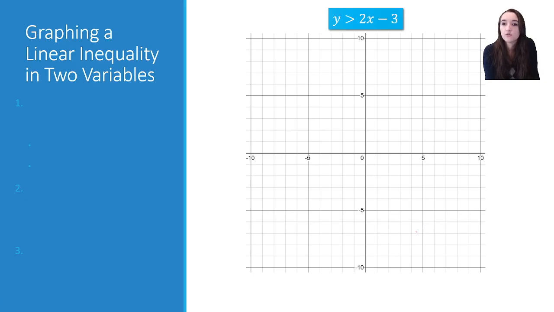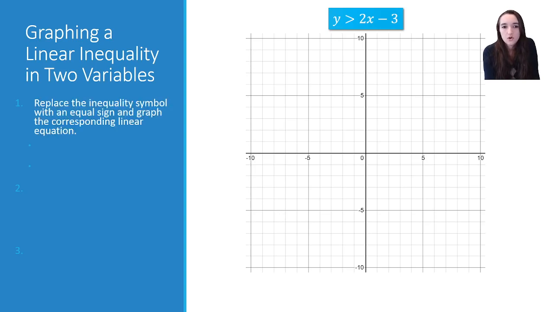So just in general, what are the steps to graphing a linear inequality? Start by replacing the inequality symbol with an equal sign and graph the corresponding linear equation. So here we have y equals 2x minus 3. What does that look like? And I'm not going to go through all the steps to graphing our lines because, again, that's a topic that was covered heavily in algebra.